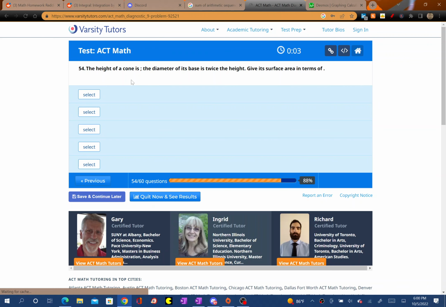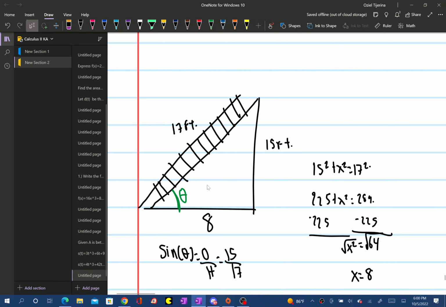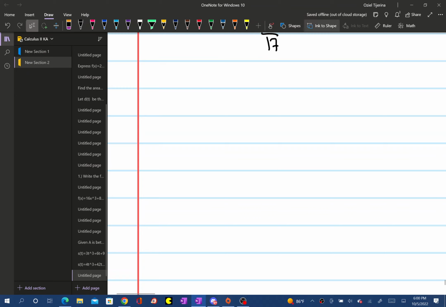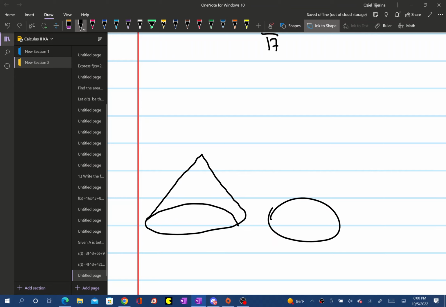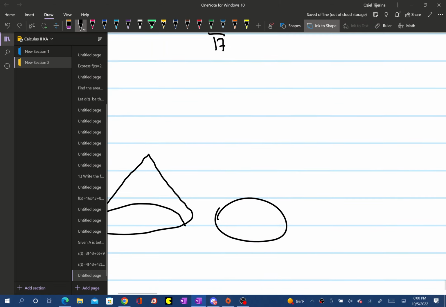The height of a cone, so like, okay, the height of the cone is h, the diameter of its base is twice the height. So there's a cone, so I'm gonna try my best to draw it. I don't know how to draw a cone.